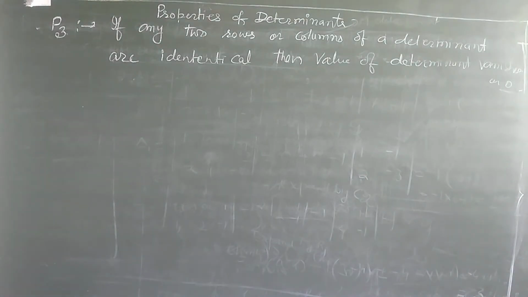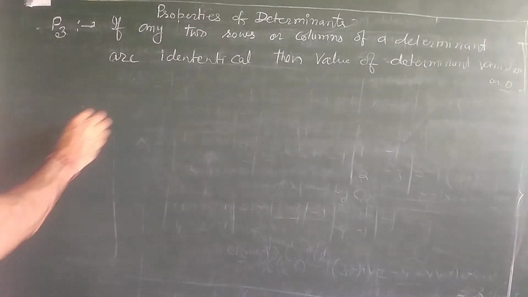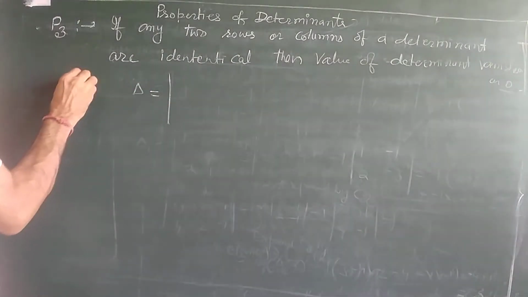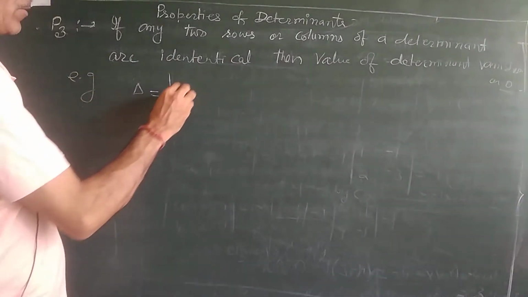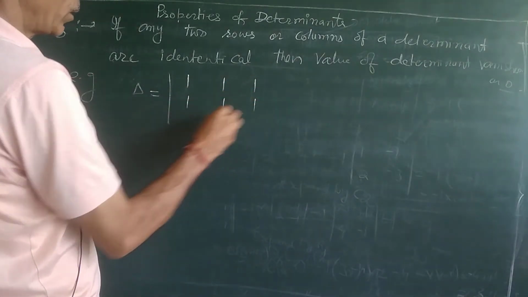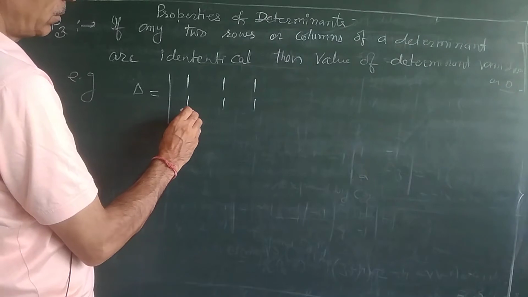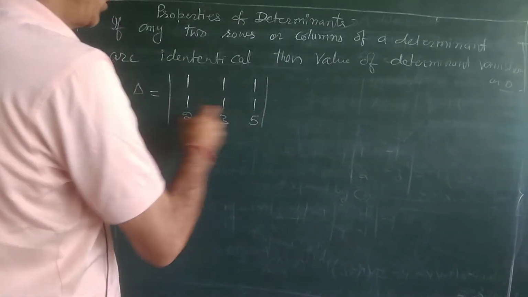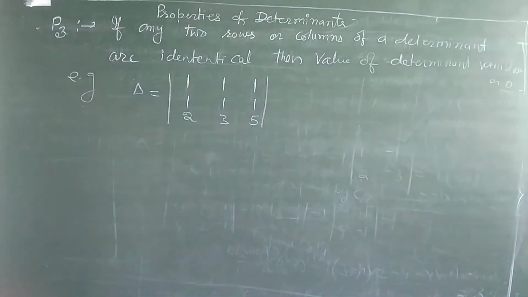Now see, we can verify this with the help of this example. For example, we have a determinant 1, 1, 1, 1, 1, 1 and 2, 3 and 5. First row and second row are identical.